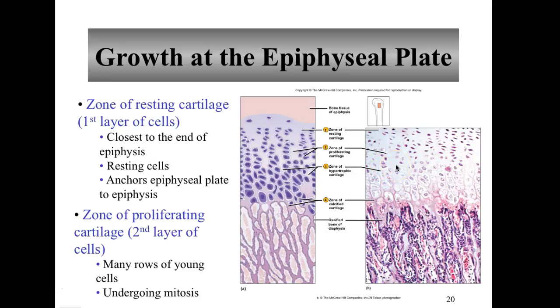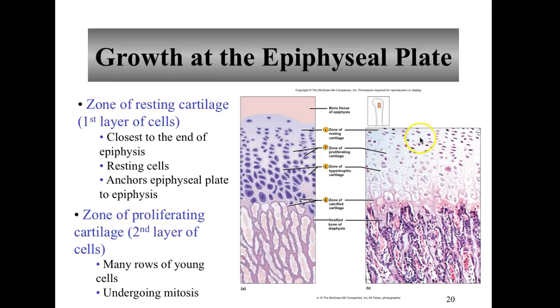And basically what you're going to have here is larger chondrocytes are going to appear, and they're going to resemble a stack of coins. And you can see that in the image over here. And ultimately what will happen is the chondrocytes are going to divide and replace those that have died at the diaphyseal surface of the epiphysis.